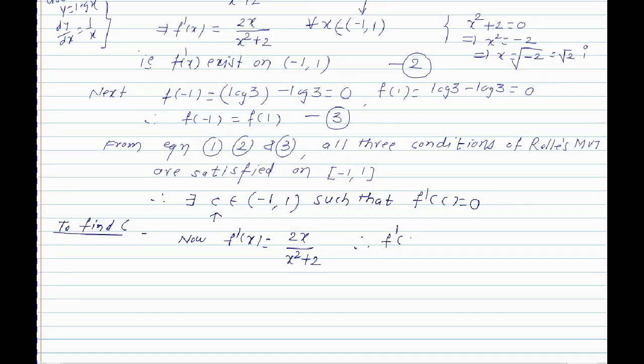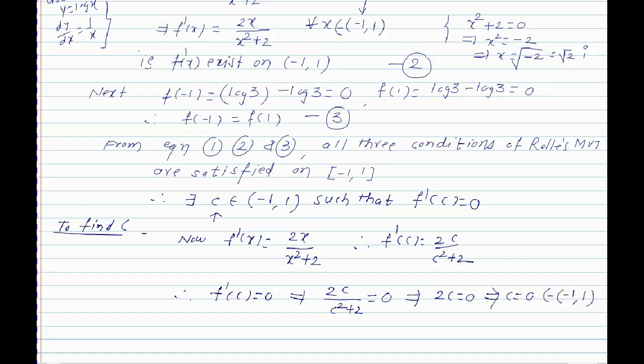Therefore f dash c is twice c upon c square plus 2, and therefore f dash c equal to 0 means twice c upon c square plus 2 is 0. It means twice c equal to 0, so therefore c is 0 and it is an element of open interval minus 1 to 1.